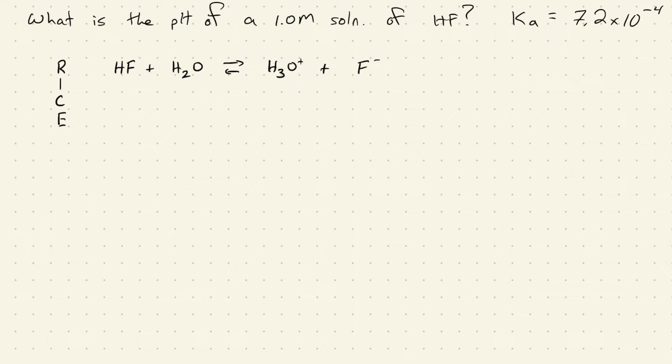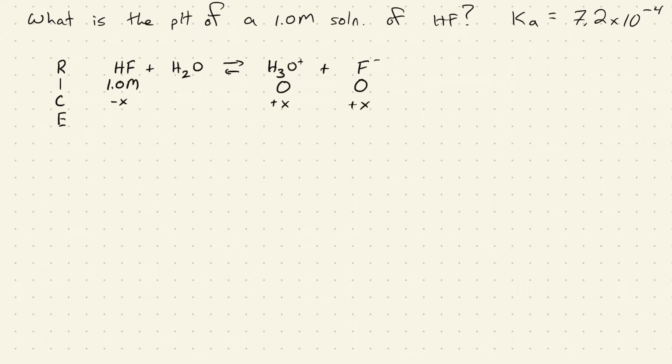And my initial concentration of HF is 1.0 molar. My initial concentrations of the two products are 0. My HF concentration is going to go down by X, and because everything's in a 1-to-1 mole ratio, these other two are going to go up by X.